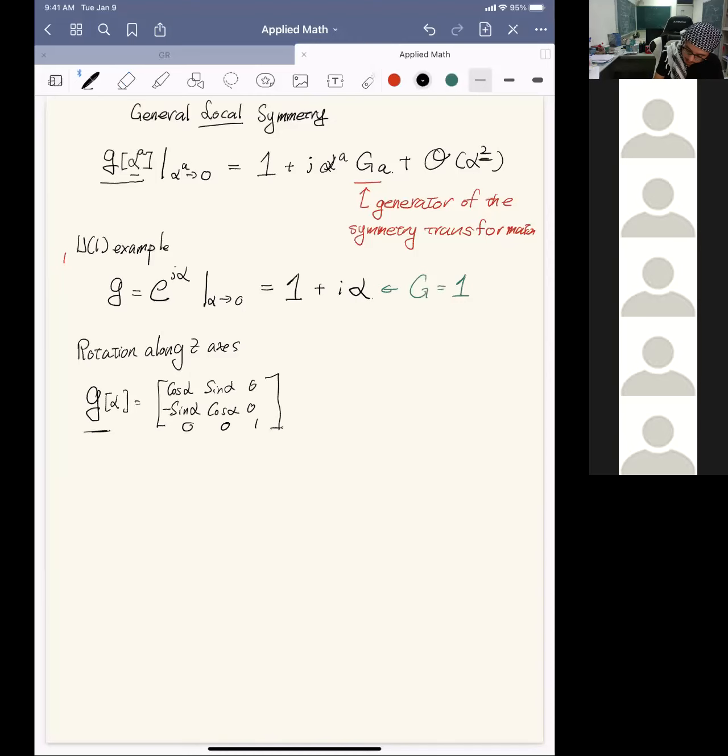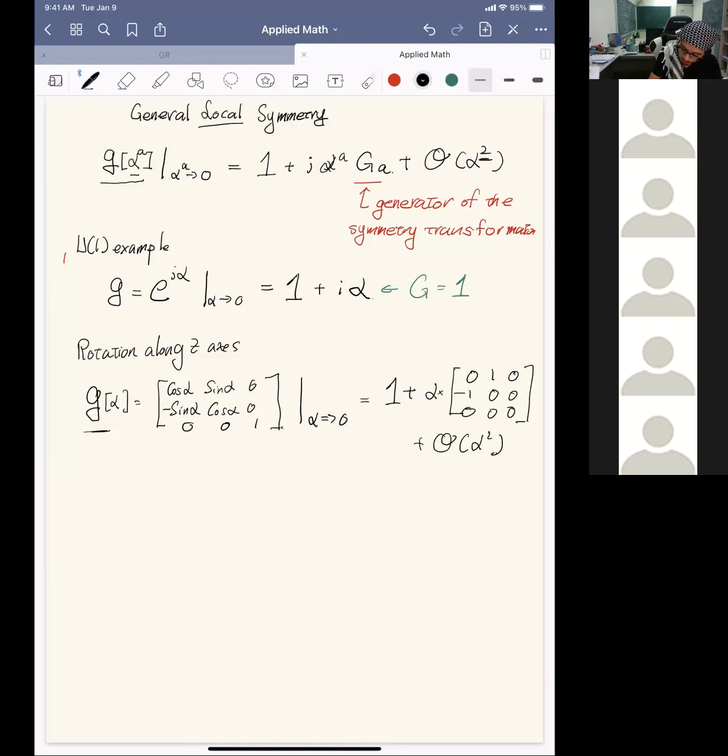That means that in the alpha near 0 limit, I have something that looks like 1 plus alpha times the matrix with entries 0, 1, 0; minus 1, 0, 0; 0, 0, 0, plus order alpha squared.